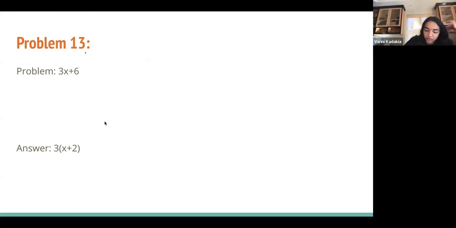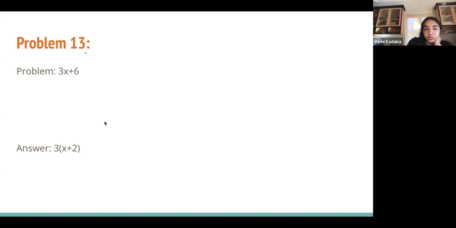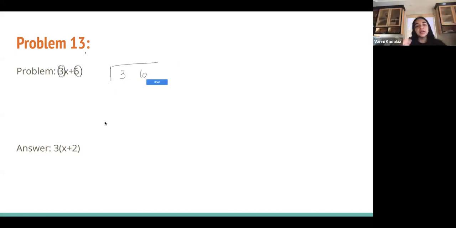It would be better to give us 7x in bracket plus 2. Okay, so we're going to pick 3 and 6 as the numbers that we want to find the common factor of, right? We're going to put that in the cake method, and we're going to get 3 and 6. So what's the common factor between 3 and 6 that we can pull out? What can we take out of the cake method here?